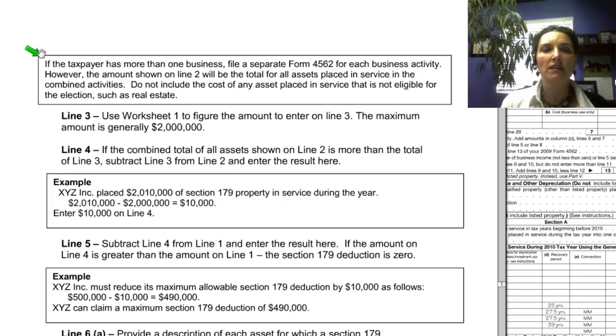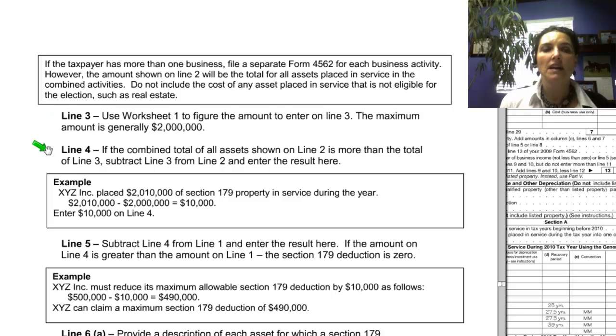However, the amount shown on line 2 will be the total for all assets placed in service in the combined activities. Do not include the cost of any asset placed in service that is not eligible for the election, such as real estate. Line 3. Use Worksheet 1 to figure the amount to enter on line 3. The maximum amount is generally $2 million.